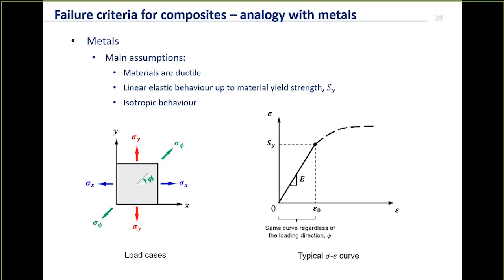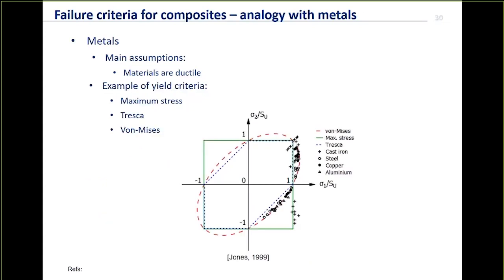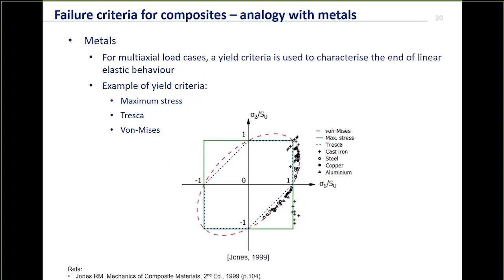When it comes to adding in loadings in different directions, so combined loadings, so if we have significant loadings in more than one direction, then instead of a yield point, you now need a yield criterion. And just to give you some examples of well-known yield criteria, you may have heard of the Tresca or von Mises yield criteria.